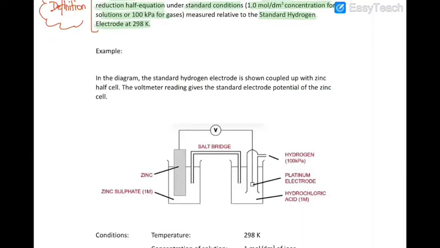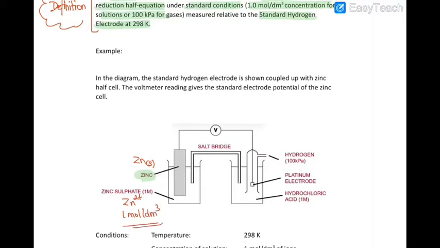So if you want to find the standard electrode potential of zinc, you're going to connect a half cell containing zinc solid and Zn2 plus ions at a concentration of 1 mole per dm cube.